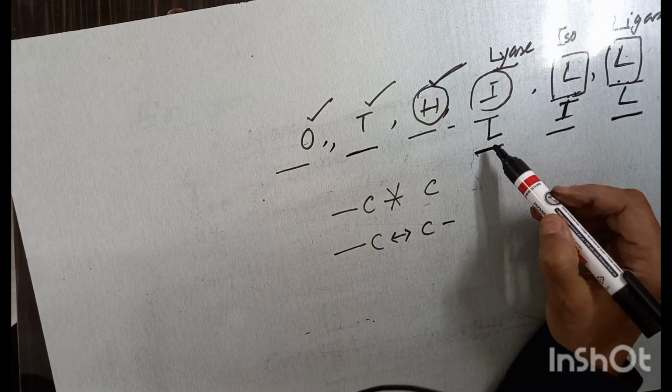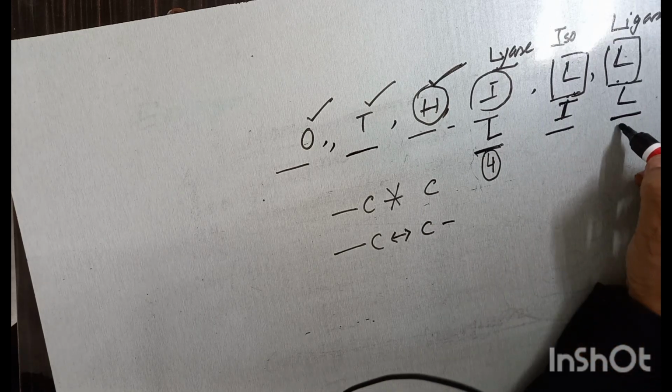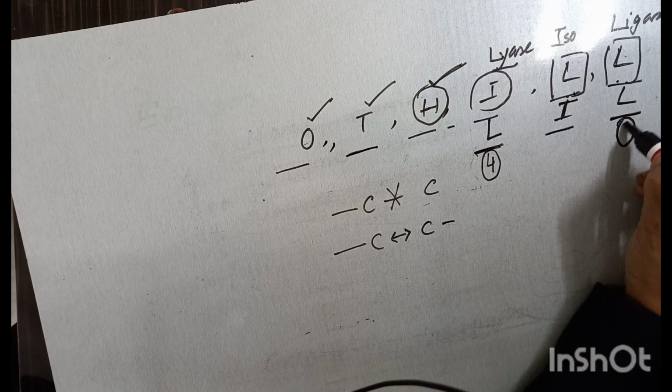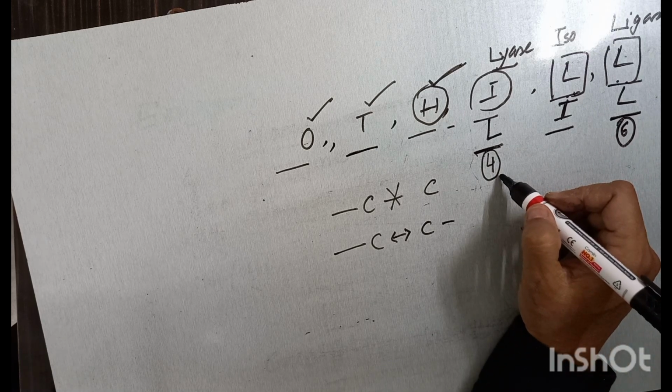So what do class 4 enzymes do? They just do the opposite of class 6 enzymes. Class 6 enzymes join, class 4 enzymes break molecules.